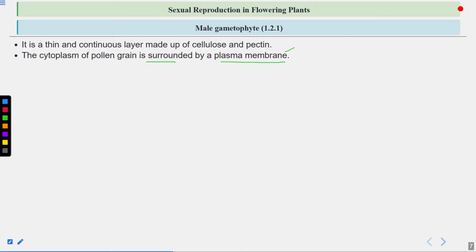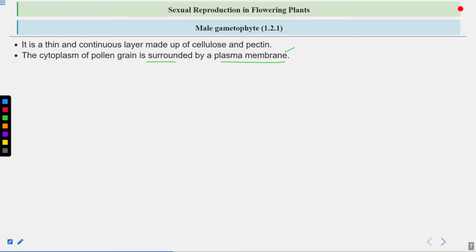So the cytoplasm is surrounded by the plasma membrane, the innermost boundary. Then comes the intine, made up of cellulose and pectin, a thin and continuous layer. Then the outermost is the exine, made up of sporopollenin, and it is not a continuous layer because at some particular point the germ pores are present.